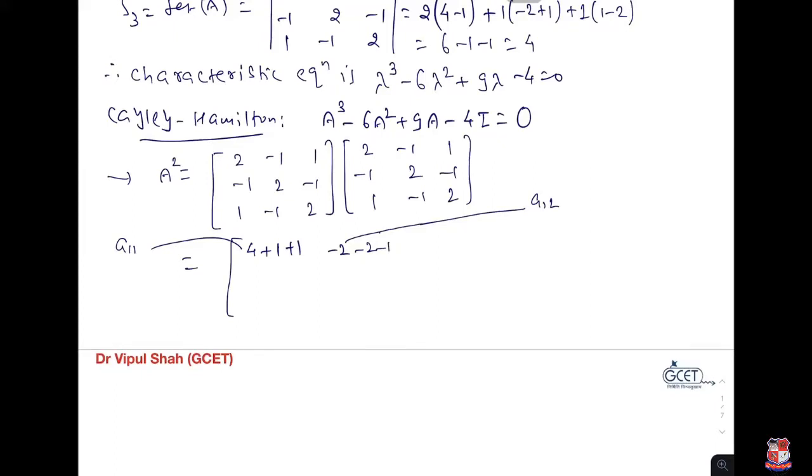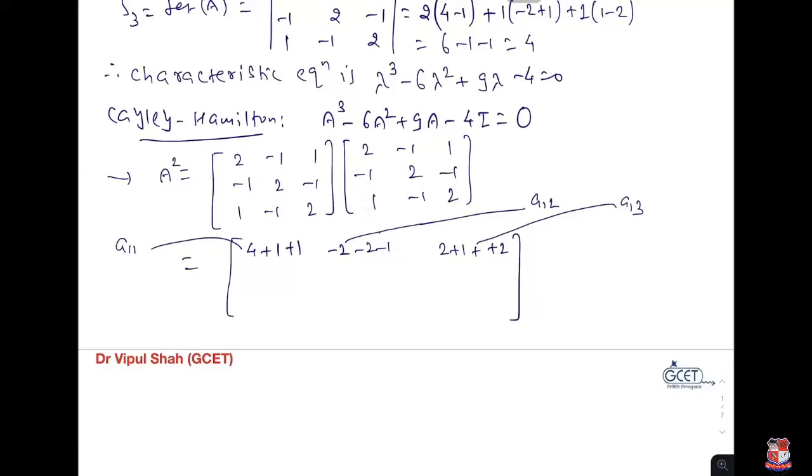Next, this element is A13, that means first row, third column. So 2 into 1 is 2, then minus 1 into minus 1, so that is plus 1, then 1 into 2, so that is 2. So we need to do the same thing for every other element. So let us go quickly.